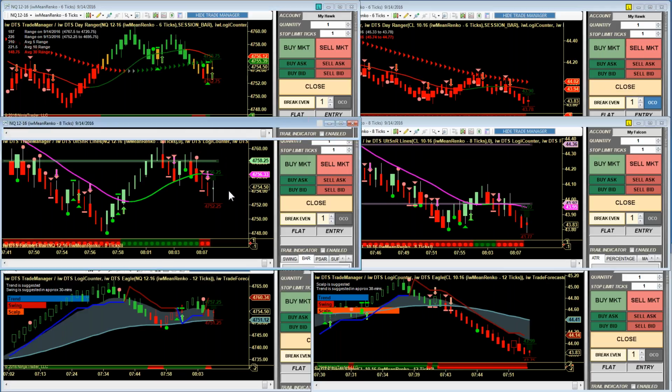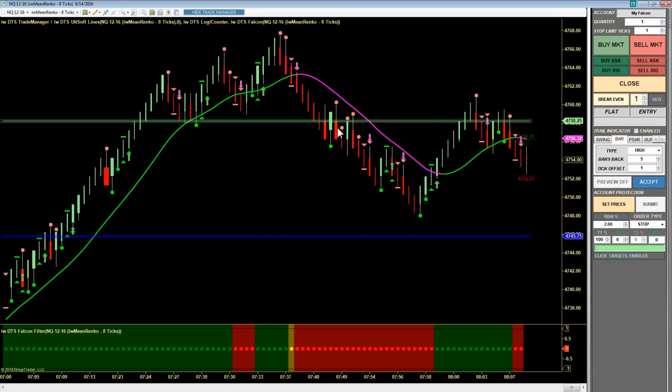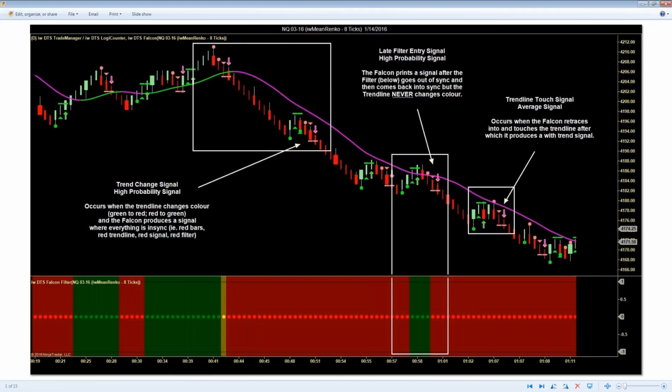All right, so here on the Falcon, let me get you the Falcon cheat sheet. It will make things a little easier, perhaps. Falcon, there we go. So these are the three high probability signals that we focus on in the Falcon. We have the trend change signal, which is essentially the first signal that comes in sync after the trend line changes color.